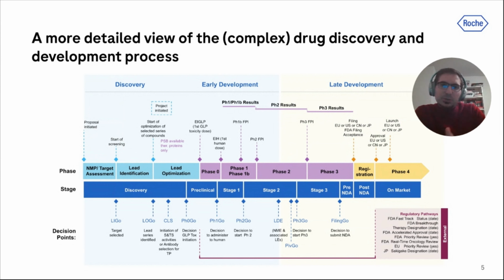And even though we're just focusing mostly on discovery and early development, so the left-hand part of the slide here, you can see that there's a lot of different stages, a lot of phases, decision points, a lot of things go into making a drug and into that value chain, right? So it's very complex, it's very intricate. You do not need to read the whole slide. I think it's really for us to illustrate that the reality of drug discovery is complex.